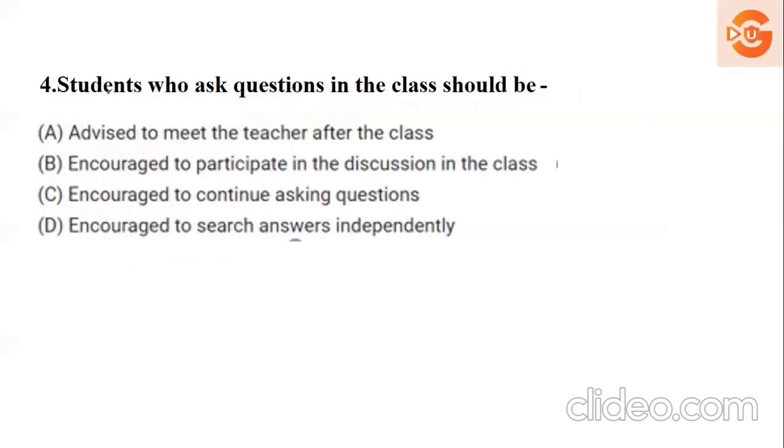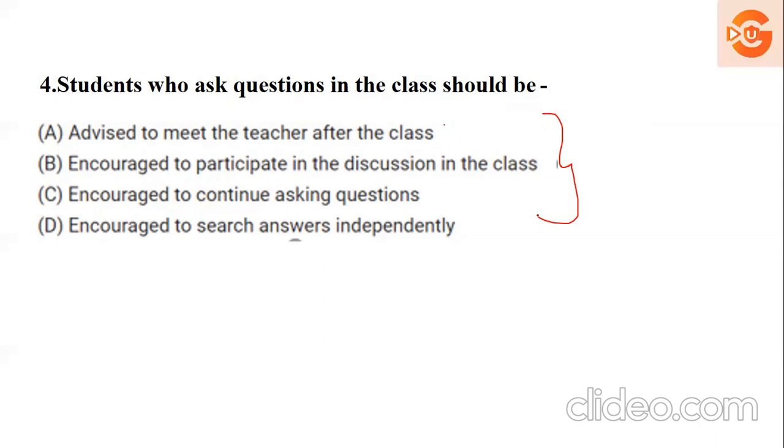Next question is, students who ask questions in the class should be advised to meet the teacher after the class, should be encouraged to participate in the discussion in the class, should be encouraged to continue asking questions, or should be encouraged to search answers independently. See, now many of you may be knowing the answer, but as I always say, whenever you know the answer, please try to find out the reason behind it.